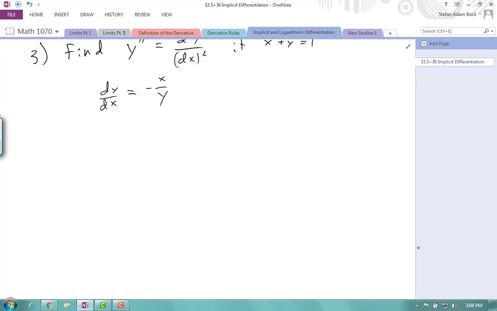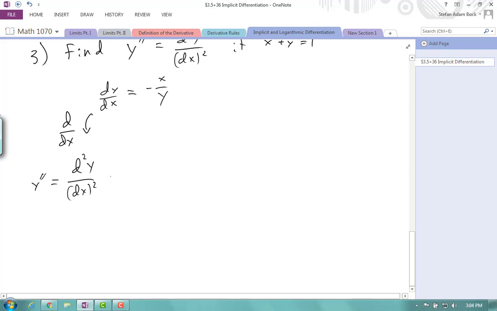And what I do when I want to find the second derivative is I take the derivative of both sides again, leaving me on the left side my d squared y over dx squared, and on the right hand side I have to deal with the quotient rule. Quotient rule is derivative of the top first, so I'll simplify this.